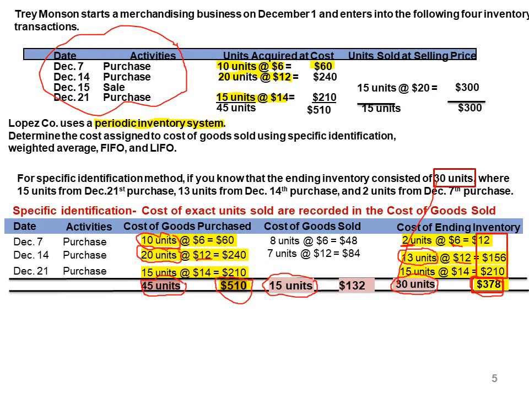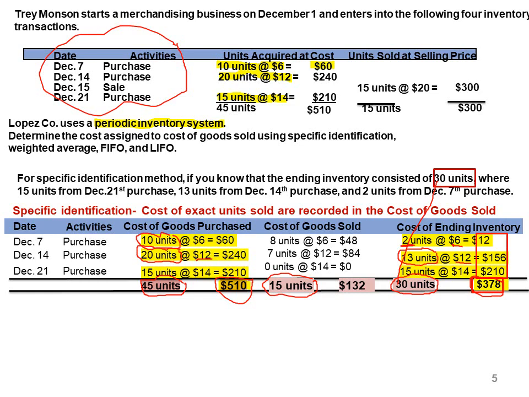Then for those 30 units, the company can identify that 15 units are related to the December 21st purchase. So from the December 21st purchase, 15 units are remaining. So we are going to place those 15 units on December 21st under the column of the cost of ending inventory.